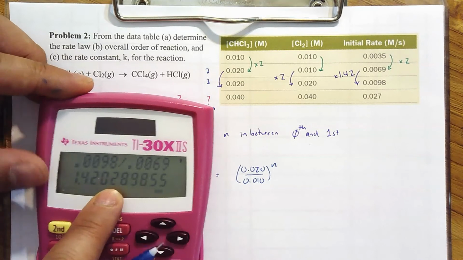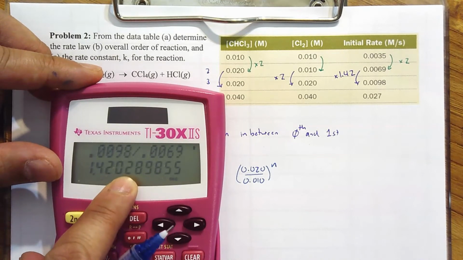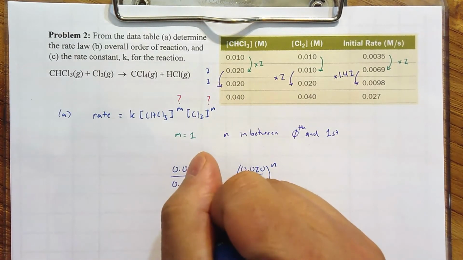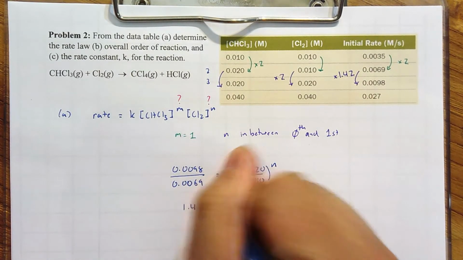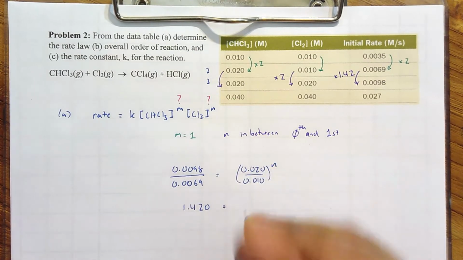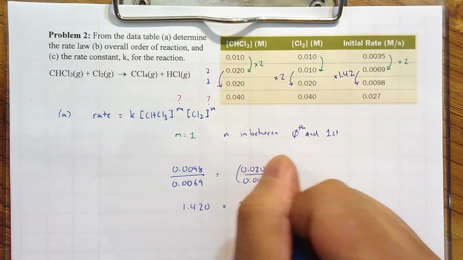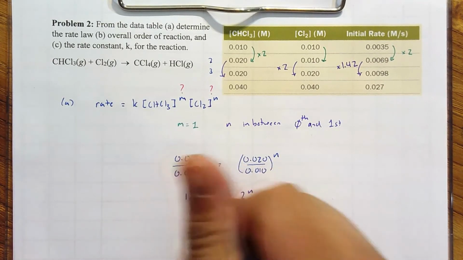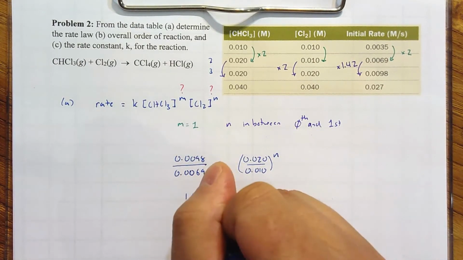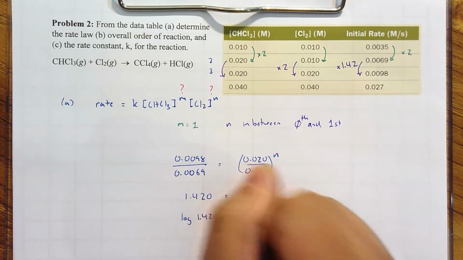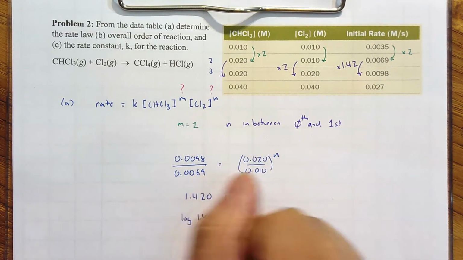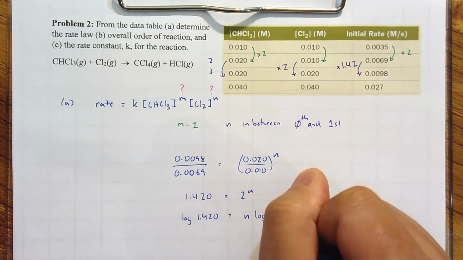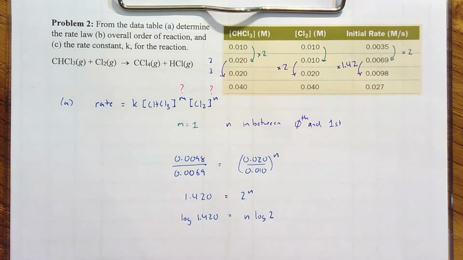Oh, I already did that math. 0.0098 divided by 0.0069, that is 1.420 equals 2 to the n, and then take the log of each side. Log of 1.420 equals n times the log of 2 again. Why did it end up being 2 again?